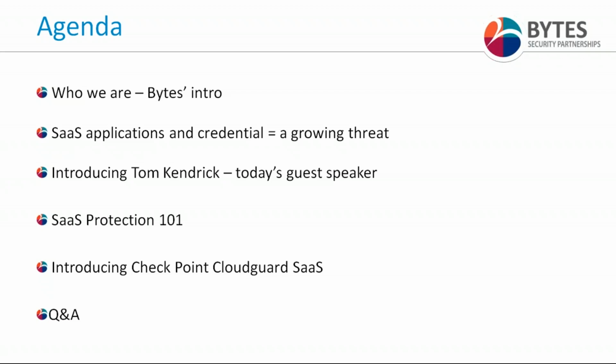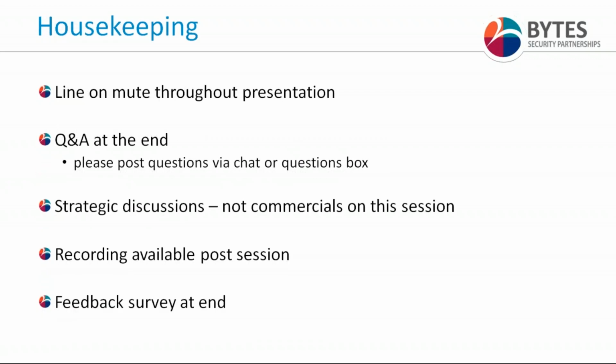And then we'll give a detailed introduction to Check Point CloudGuard SaaS, a new product to the market, which is going to be launching this summer to provide advanced layers of protection. We'll lastly do a Q&A at the end, so please do pop your questions via the chat, the questions box, and we'll make sure that those are shared with you and Tom at the end.